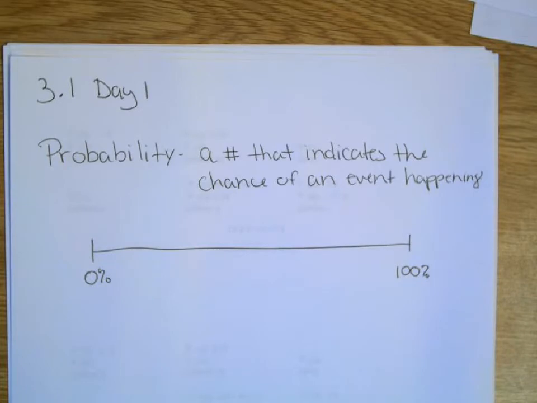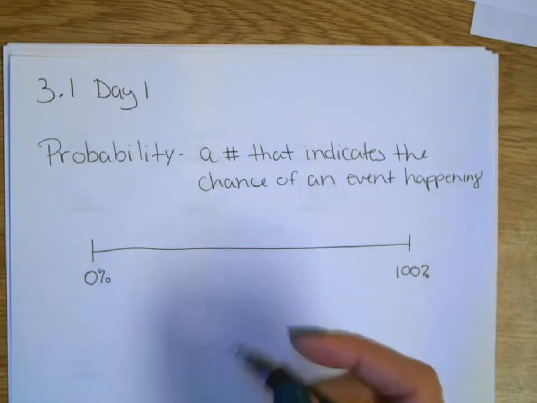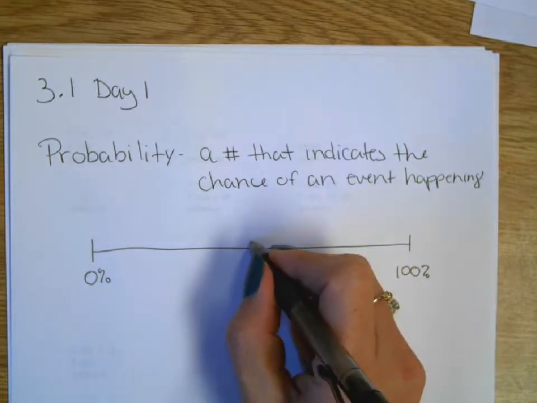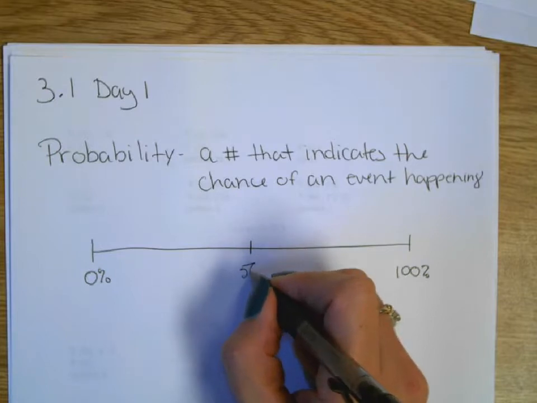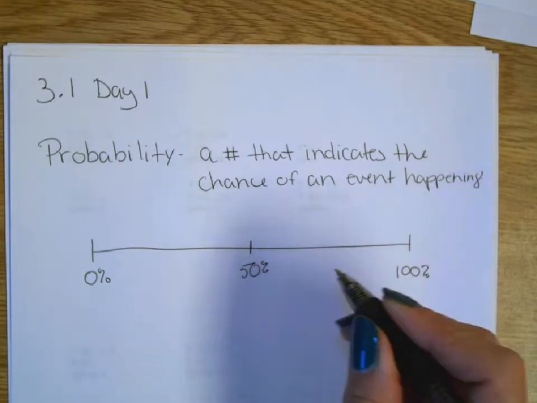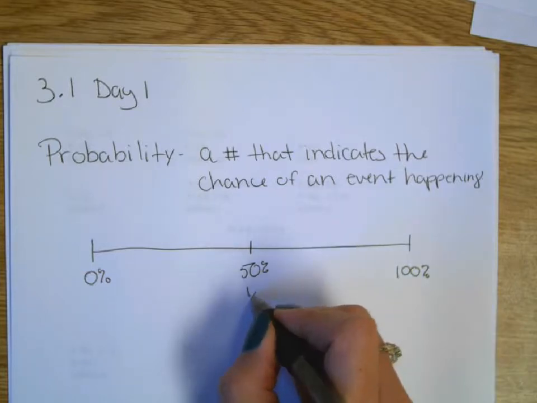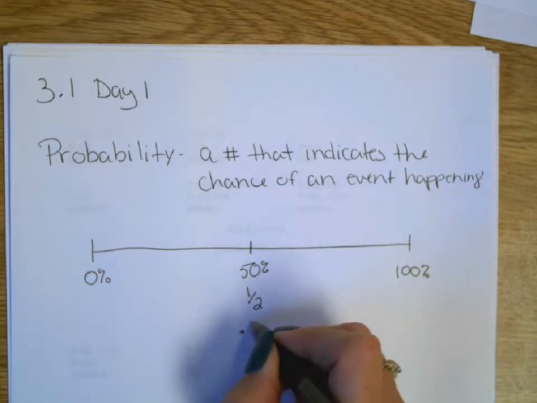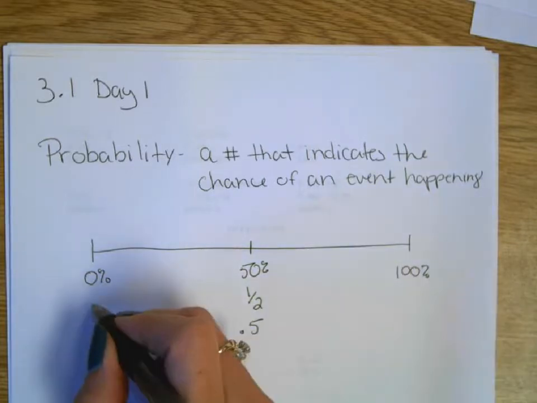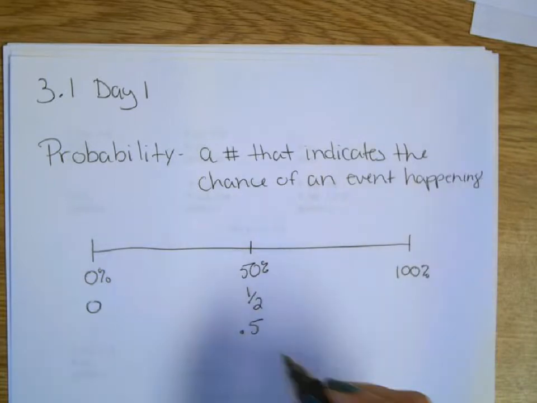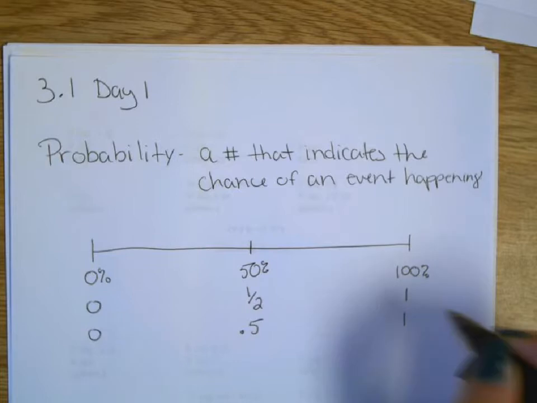Okay, and remember, probabilities can be given as percents, decimals, and fractions. Right in the middle, equal chance of happening or not happening, we've got 50%. But like I said, we can go decimals and fractions, so you could have a 1/2 probability or a 0.5 probability. Down here we've got 0 as a fraction and 0 as a decimal, and then 1 and 1.